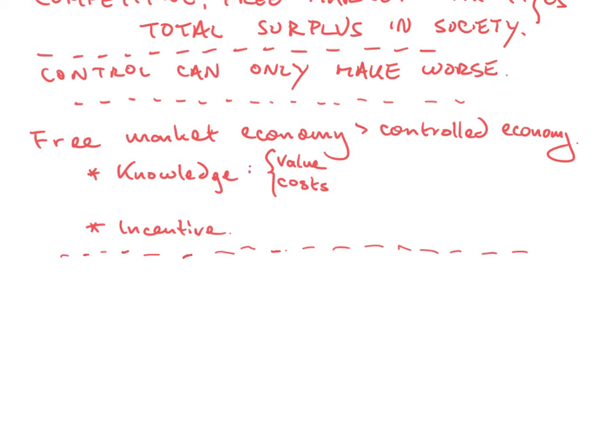The best natural experiment would be East Germany versus West Germany, where the standard of living 50 years after the war was twice as high in West Germany as in East Germany. They started out the same country. One had a market economy, one had a socialist economy.